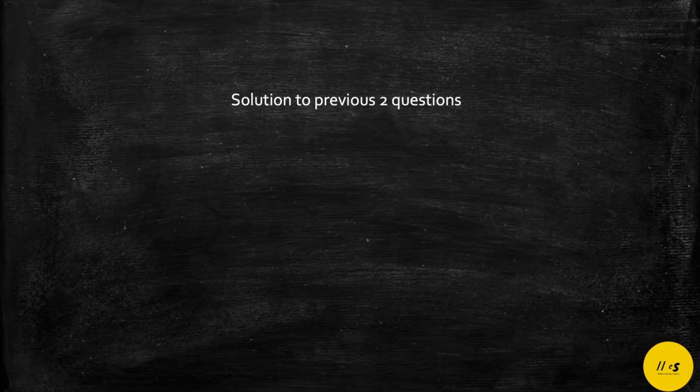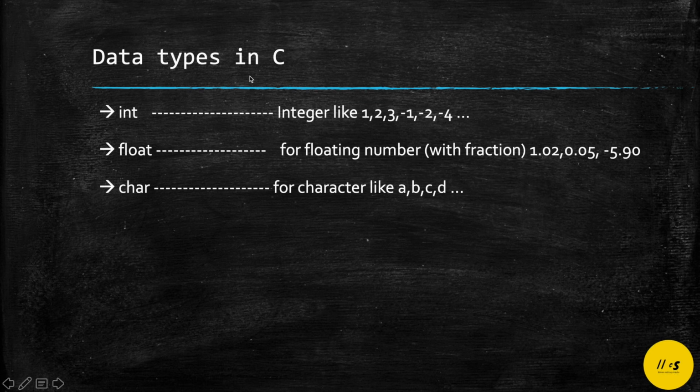For the second point, it's data types. In C we have many data types, but we generally use these three. The first one is int, which is used for integer numbers like 1, 2, 3, -1, -2, -4. It can be a positive or a negative number, but it shouldn't contain any decimal point.